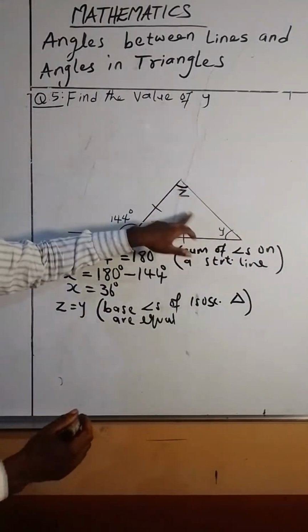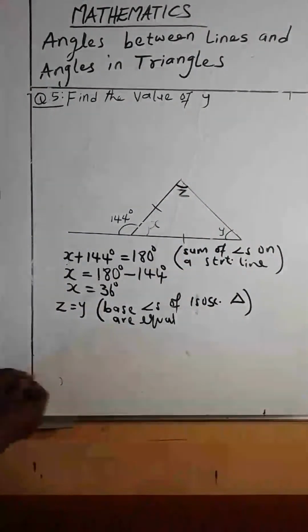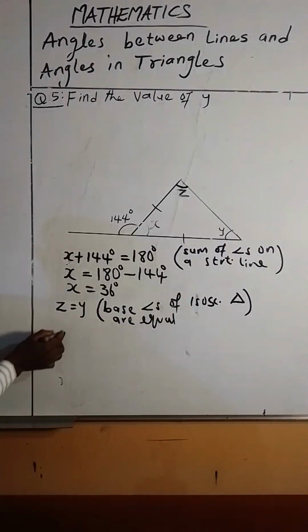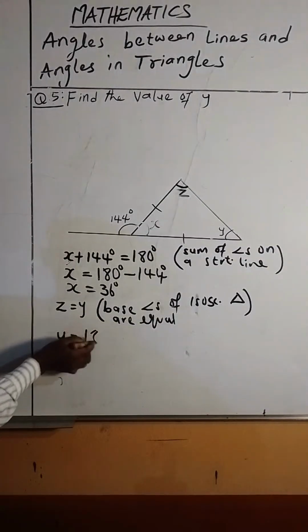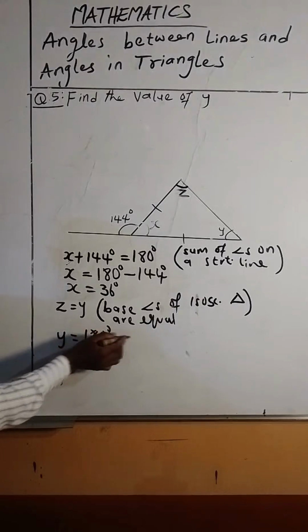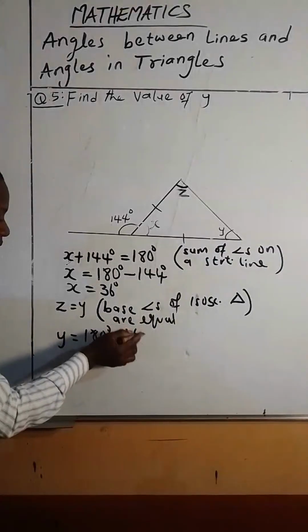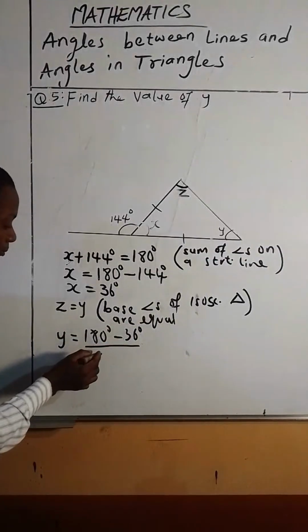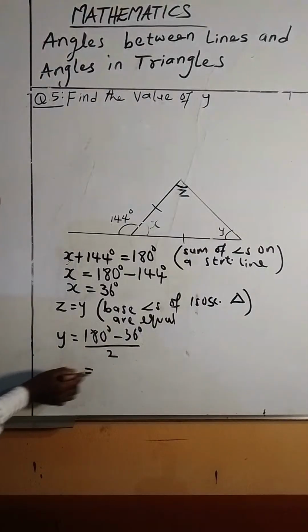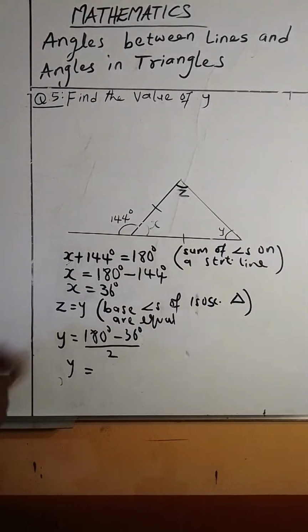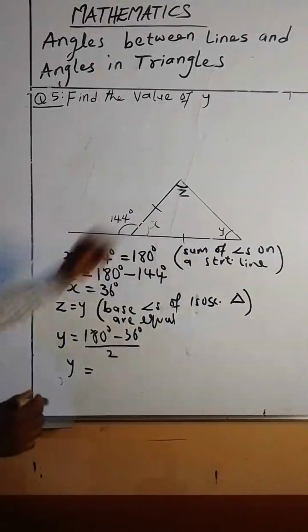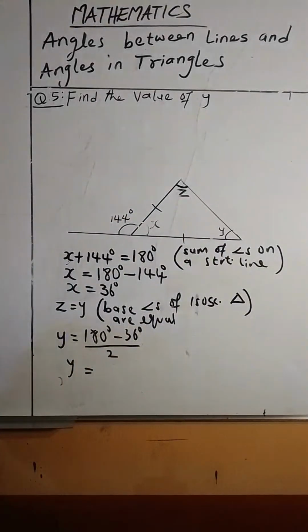But we are looking for y, not z. But z is equal to y. It means that y is equal to 180 degrees minus 36 degrees, then all divided by 2. So that is the value for y, and that is also the value for z too. That is the implication. y is equal to z, and it's equal to what? 180 minus 36 divided by 2.